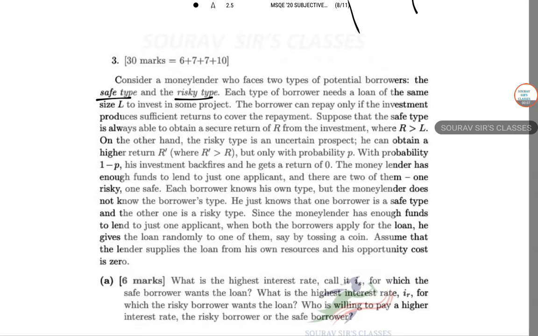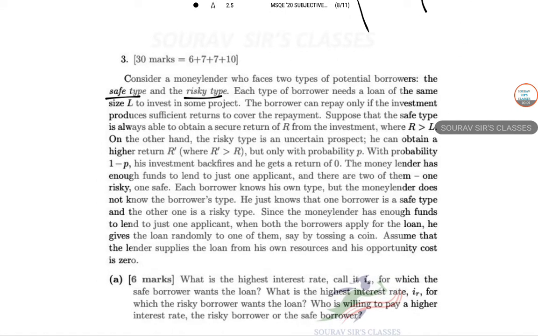And the first question we have: consider the money lender who faces two types of potential borrowers, the safe type and the risky type, and each type of borrower needs a loan of the same size L to invest in some projects. So the borrower can repay only if the investment produces sufficient returns. Well, that's not fair for the lender.